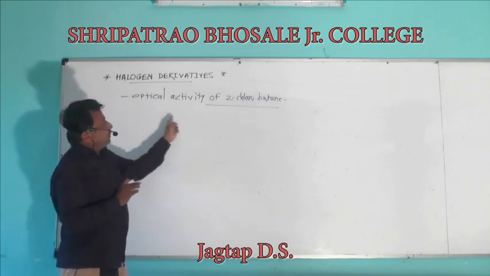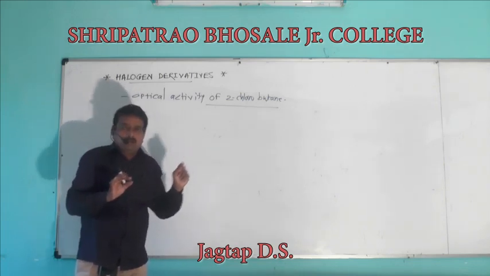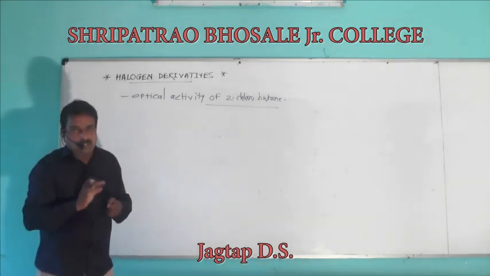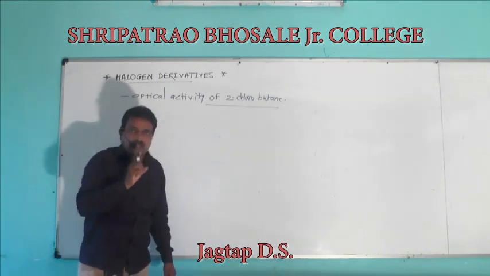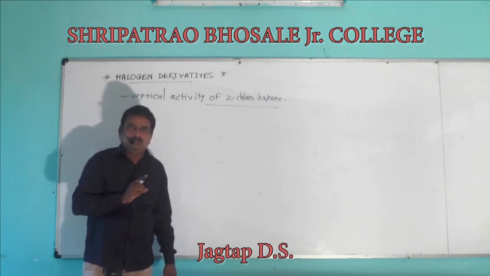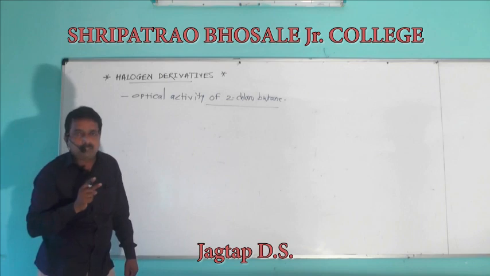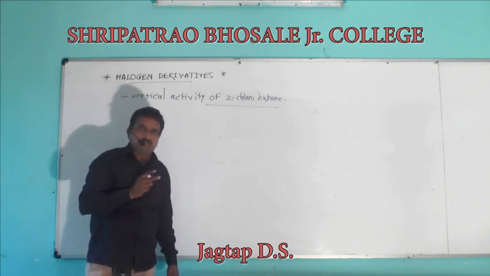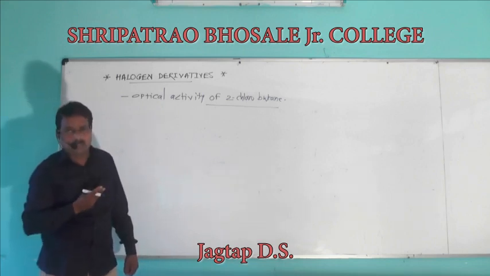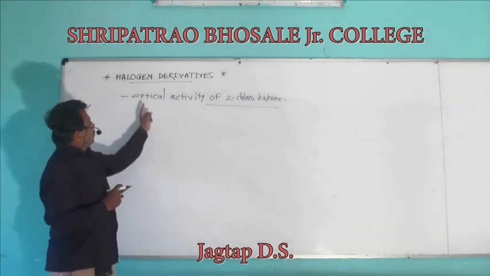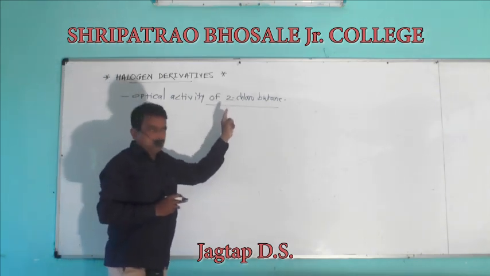The optical activity of optically active compounds can be explained by the following 3 points. Number 1, presence of chiral carbon atom. Number 2, non-superimposable mirror image structures. And number 3, racemic mixture.